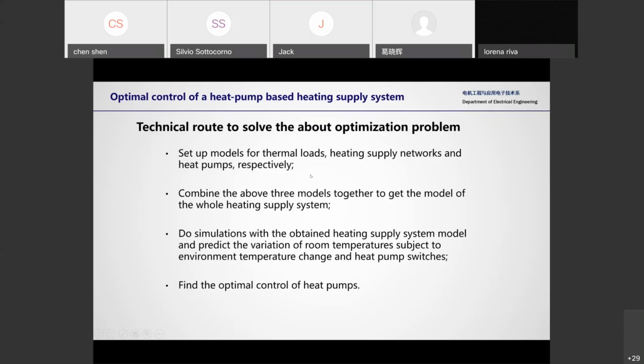Then we combine the above 3 models together to get the model of the floor heating supply system. Then we do simulations with the obtained heating supply system model and predict the variation of room temperature, check the environment temperature change, and heat pump usage. Then we find the optimal control of heat pump.